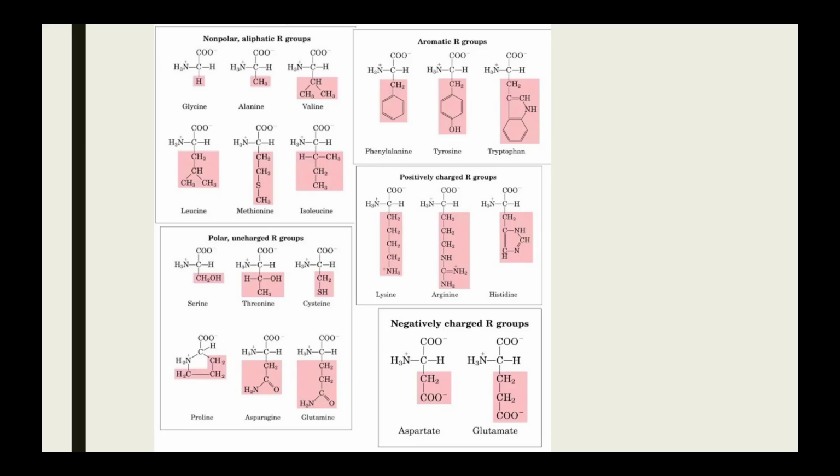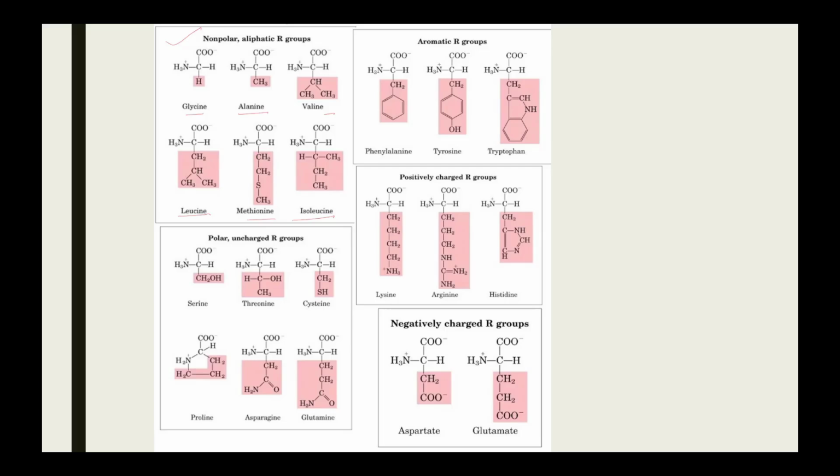Here this group of amino acids is the non-polar aliphatic R groups. Here you can see glycine, alanine, valine, leucine, methionine and isoleucine. So there are different hydrocarbon chains attached in place of the R group in the amino acid backbone.